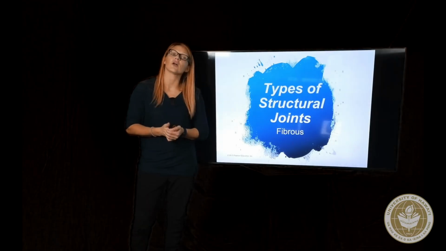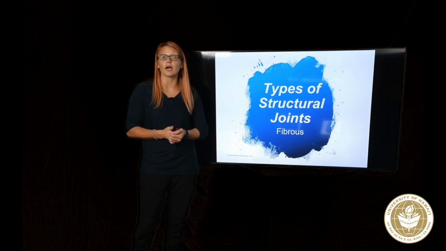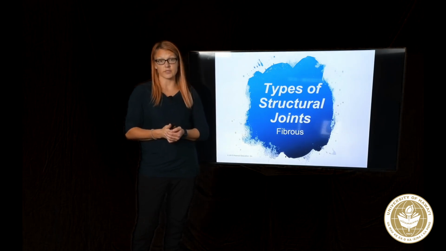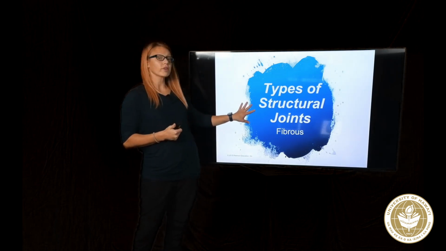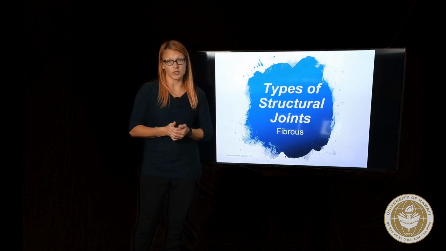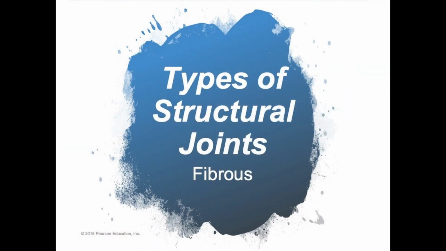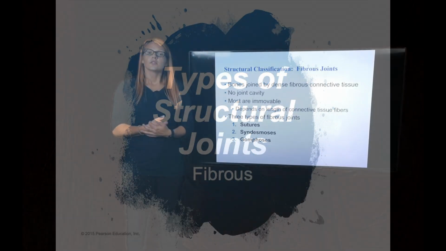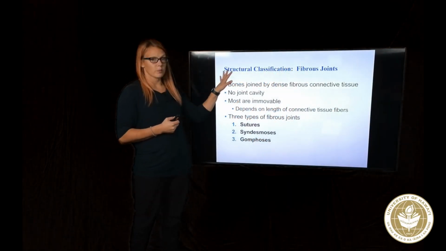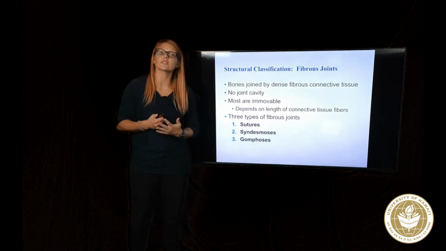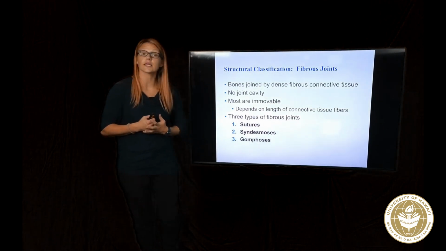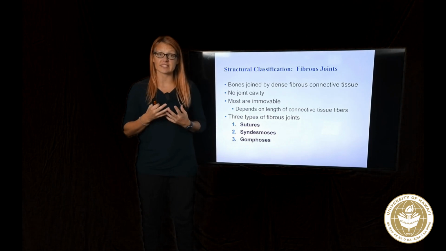So as I mentioned on the previous slide, today we're going to be covering the different types of structural joints. And we're going to begin with looking at the fibrous structural joints. So when we look at these fibrous joints, the fibrous joints are going to be bones connected by very dense fibrous tissue.